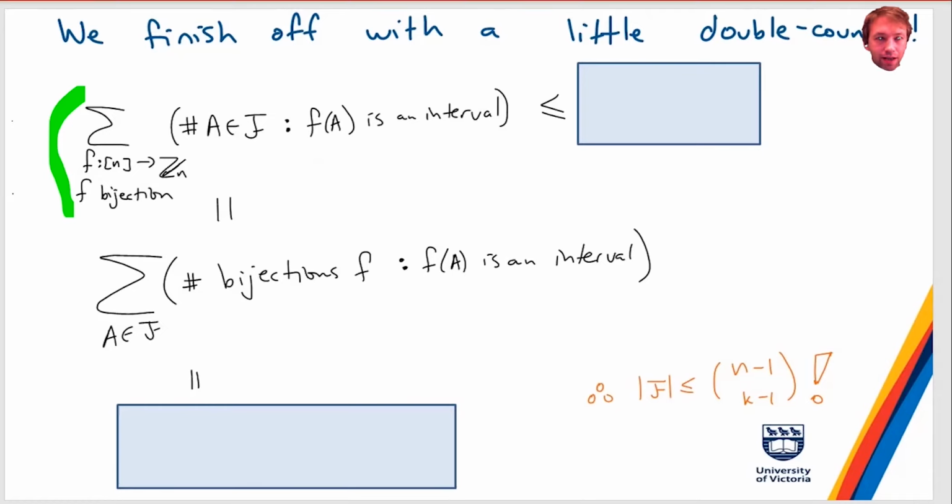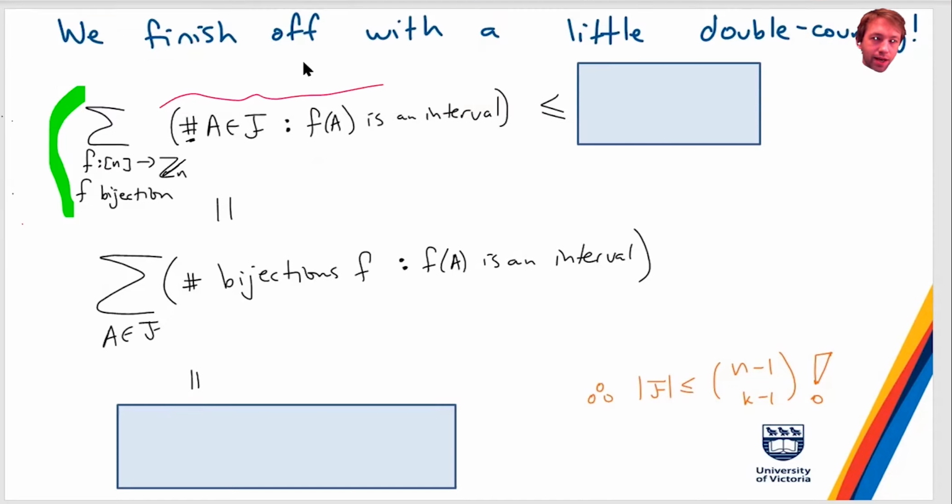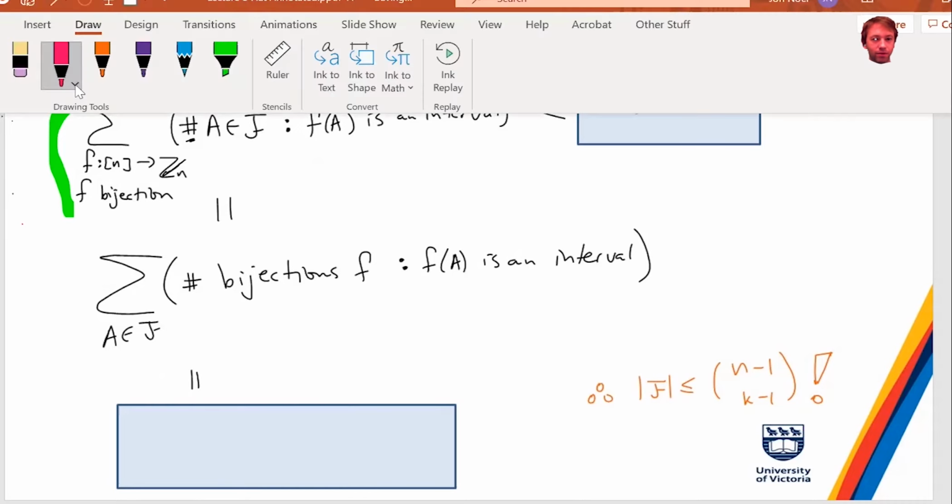Maybe I could have written this as the cardinality of a set, but I've written it as the number of elements a such that f of a is an interval. Each of these summands is at most k. That's what we just proved. So the total is at most n factorial times k, because n factorial is the number of bijections.